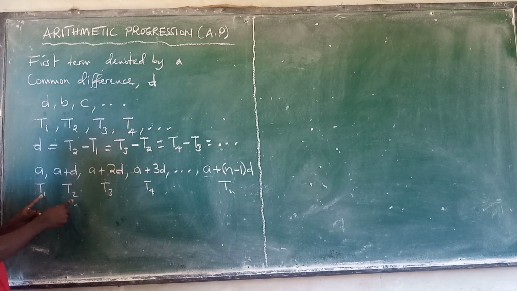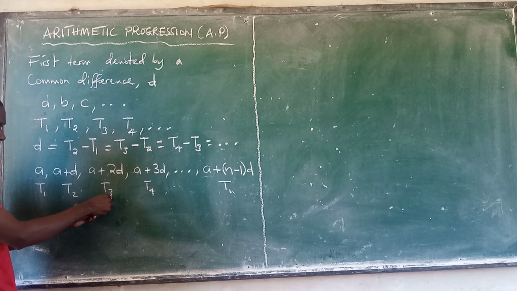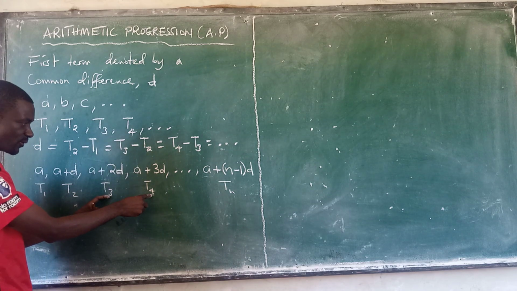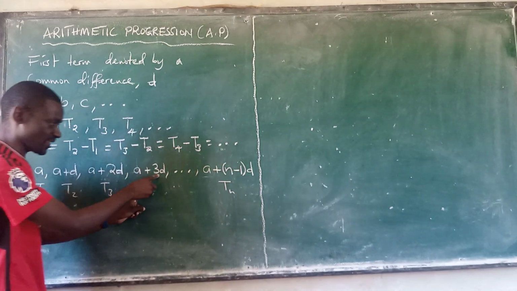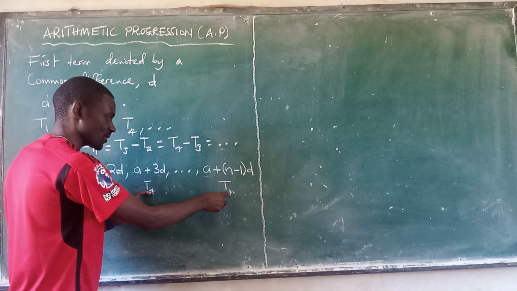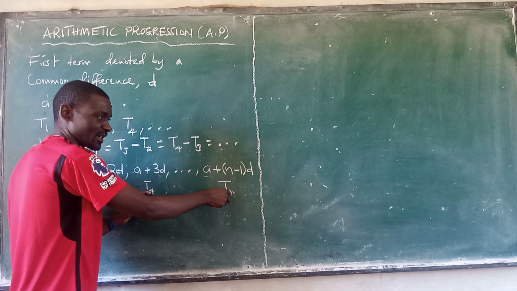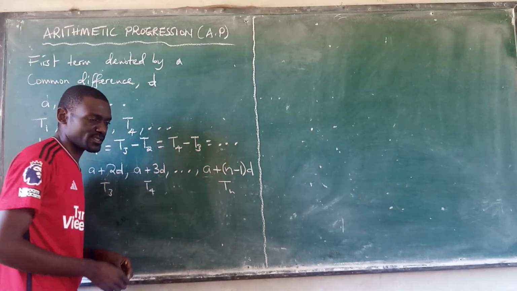So if we consider just these subscripts, this is 1, this is 2. Where there is 2, there is just D. Where there is 3, it is lessened by 1. That's why we have 2. Where there is 4, T4, on this part it's minus 1. And as such, where there is n, we will say to this n you subtract 1. So this is how it is coming out.